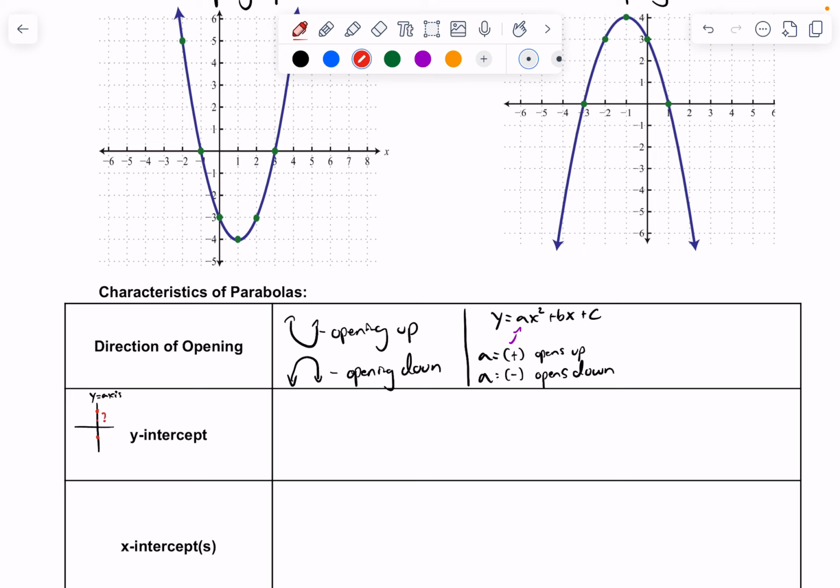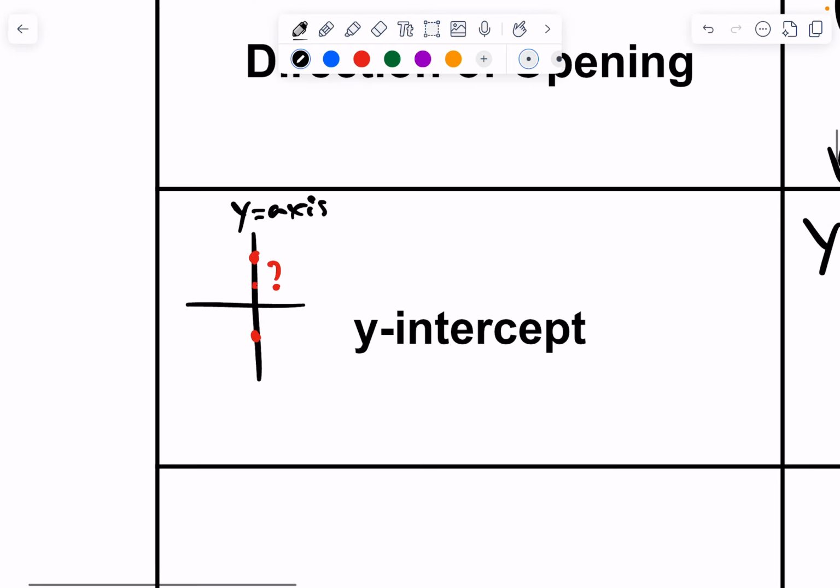Well, the y-intercept occurs where x is equal to 0. Because if you look at this graph, the value of all of these points I have drawn right here all fall right where x is equal to 0.